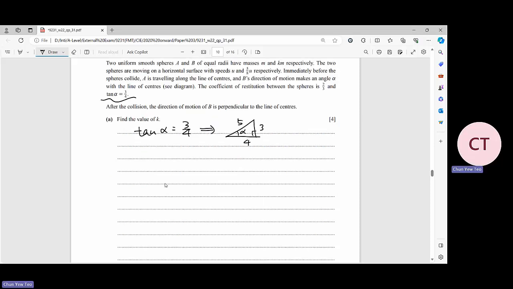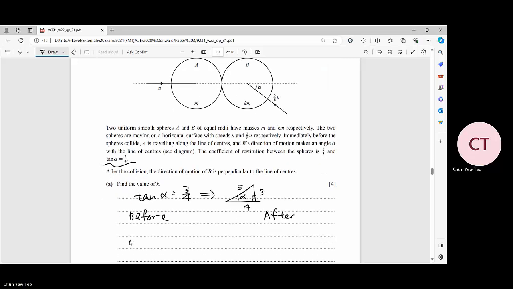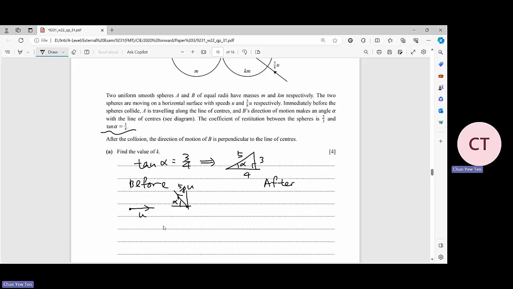So over here, we have to resolve the velocities before and after. Before the collision, A is moving this way and it's called u. Then B is moving this way, and this is the alpha, this is the 5/8 u.